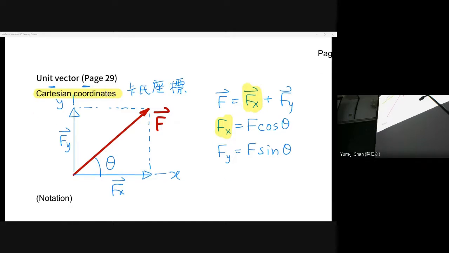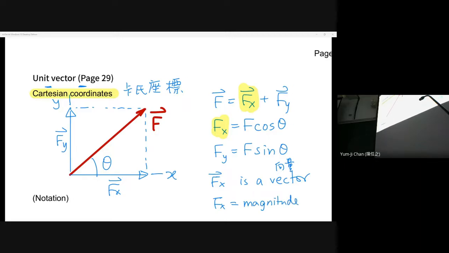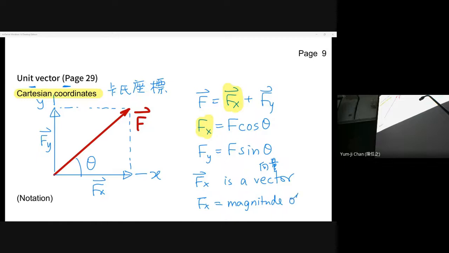Fx is a vector, is a force, it is a vector. And Fx with the arrow is different from the magnitude of Fx.